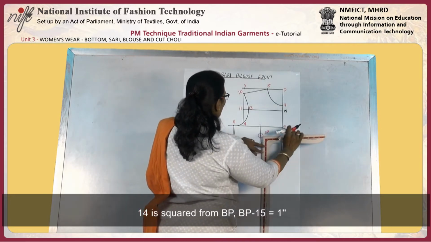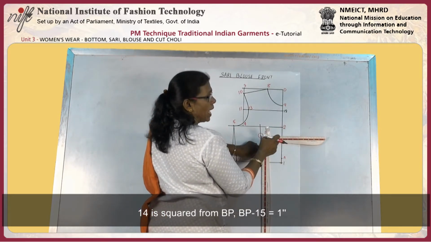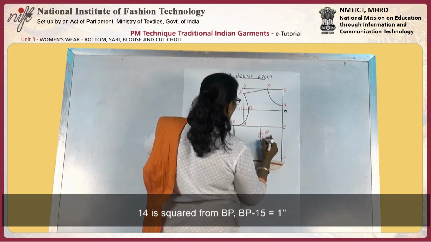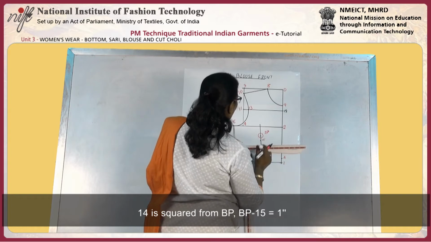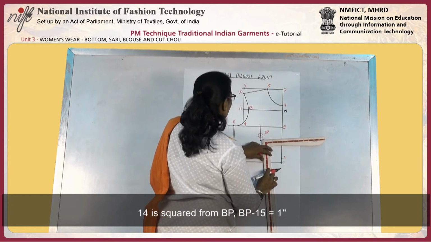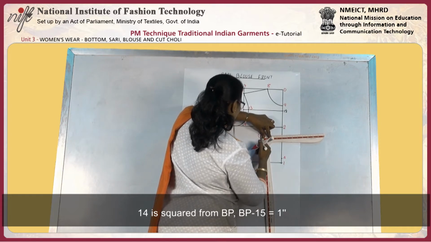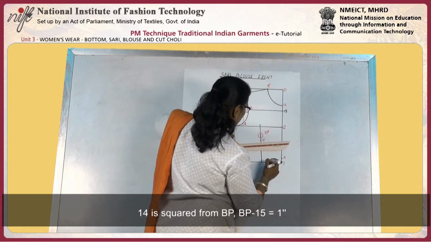Now, mark 1 inch below the bust point as 15, and this bust point should be squared down to 14.